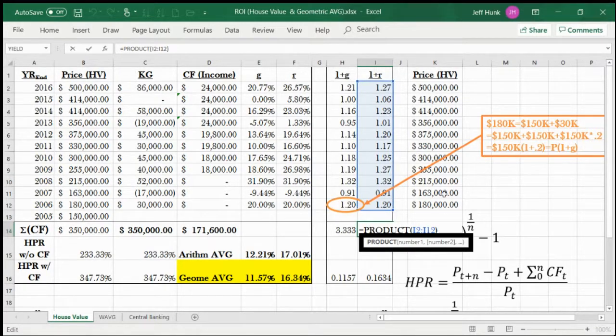So in a way, it captures the ratio between the first year house value and the last year house value in gross terms, right?